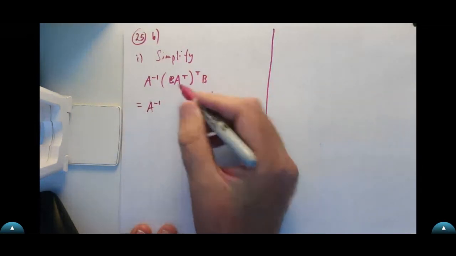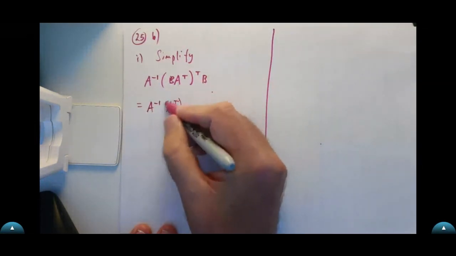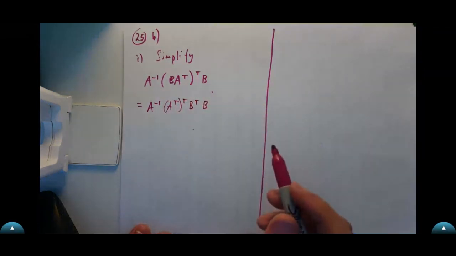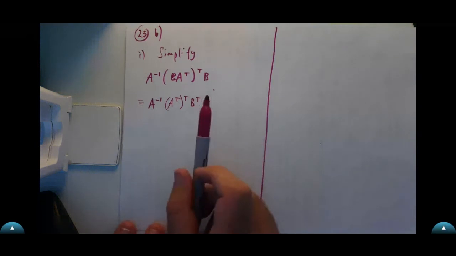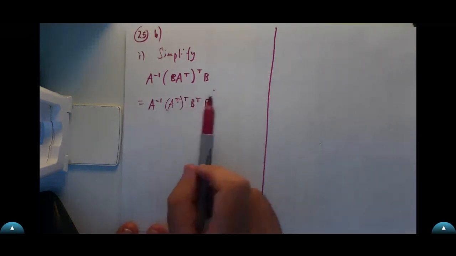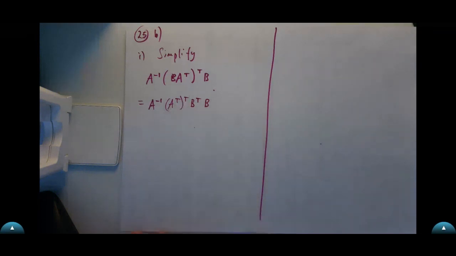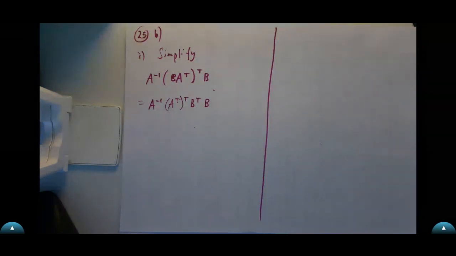And so you change the order. So it'll be A transpose times B transpose. Okay. And then who can tell me on the chat, what is A transpose transpose? How can I simplify that?